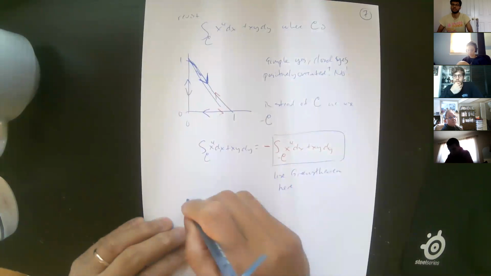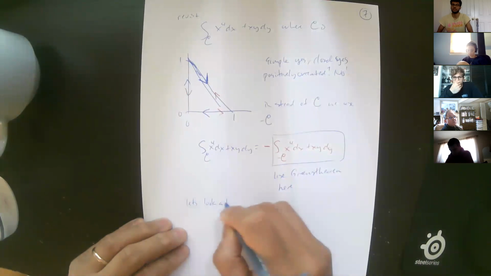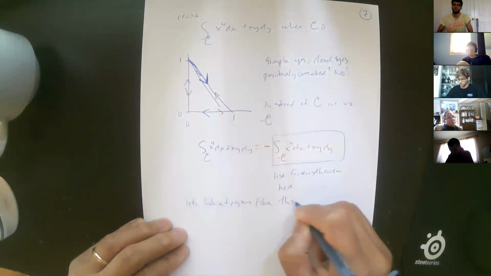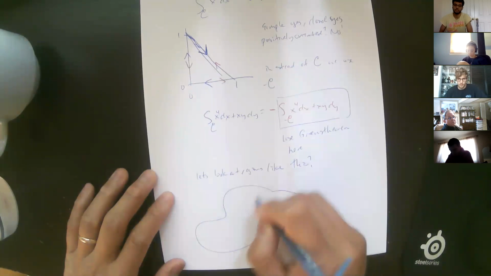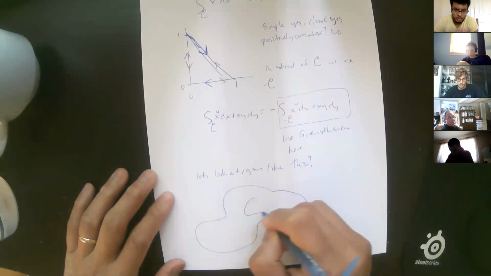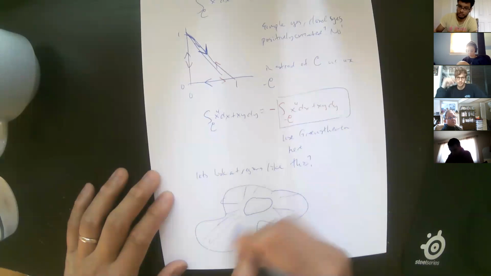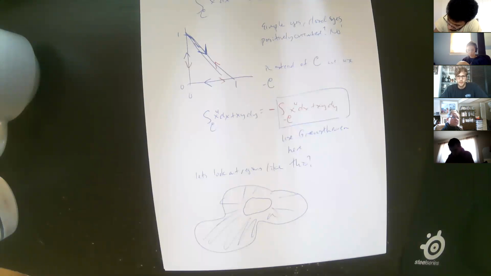But let's look at regions like this. So this is a weird region. It's got a hole in it, right?